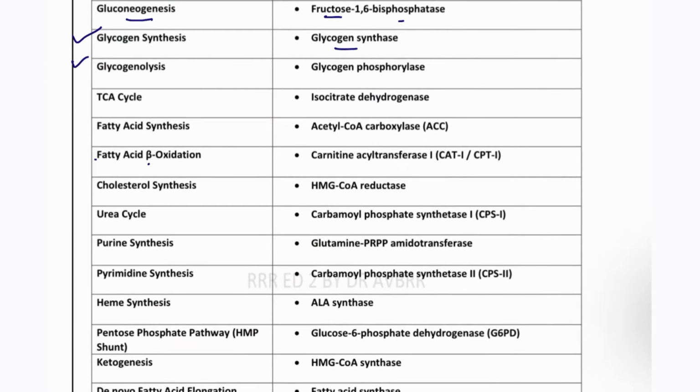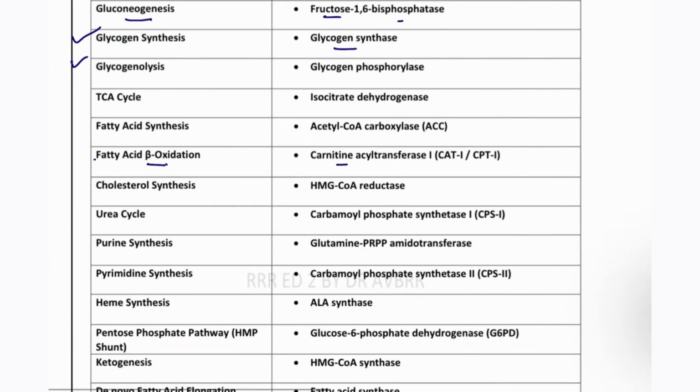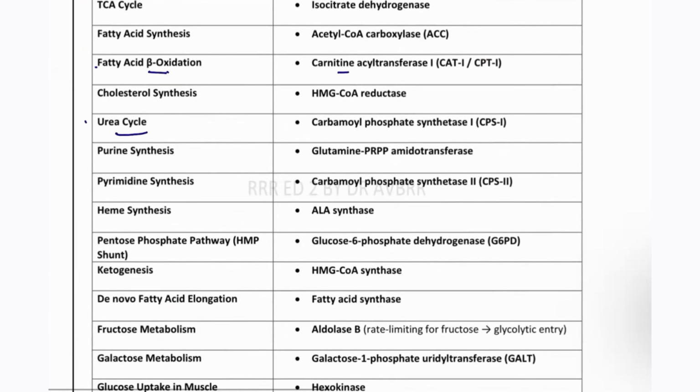Fatty acid beta oxidation: carnitine acyltransferase. Cholesterol synthesis: HMG-CoA reductase. Urea cycle: carbamoyl phosphate synthetase. Purine synthesis: glutamine PRPP amidotransferase. Pyrimidine synthesis: carbamoyl phosphate synthetase 2. Heme synthesis: ALA synthase. Pentose phosphate: G6PD. Ketogenesis: HMG-CoA synthase.